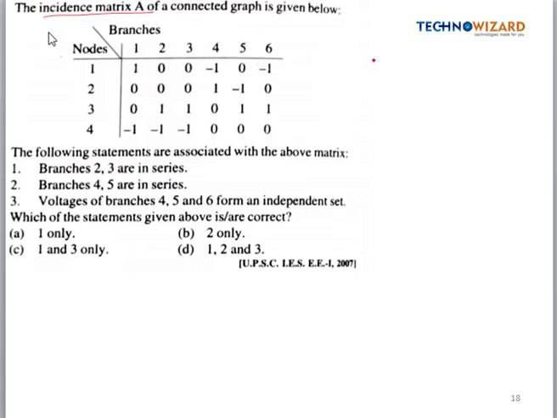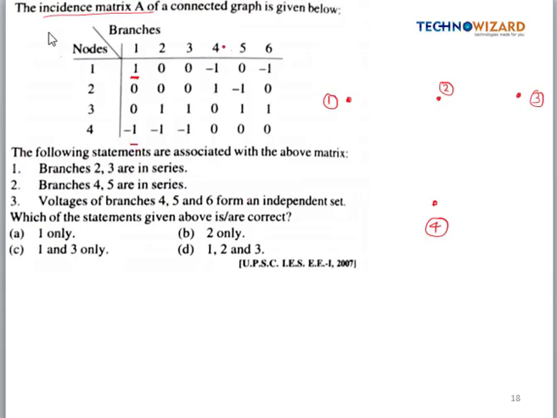First, draw the graph. I will mark the 4 nodes they have mentioned. Suppose this is node 1, this is node 2, this is node 3, and this is node 4. Now branch 1 is connected between node 1 and node 4.